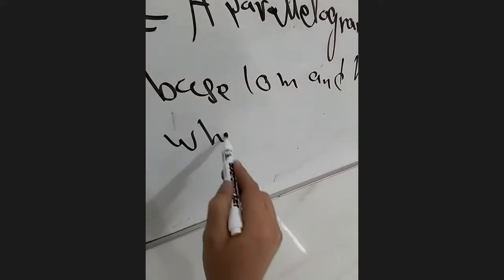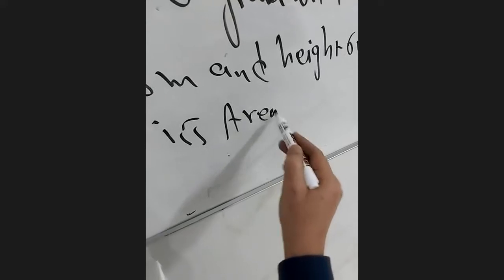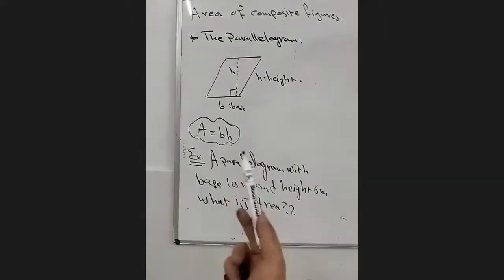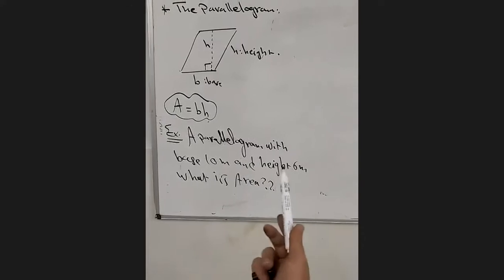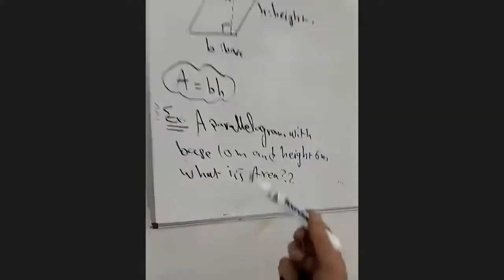What is its area? This is the parallelogram, base, height, the area is BH. So if we have the base 10 meter and the height 6 meter, how do we find the area of the parallelogram? We write the formula and apply it.